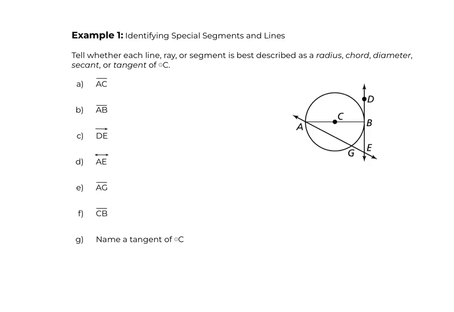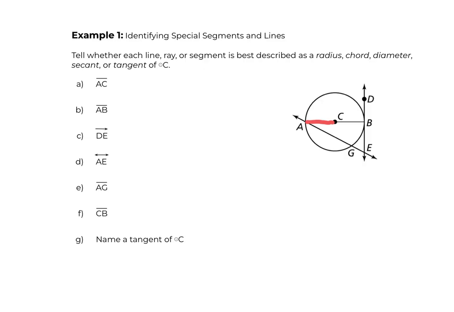First of all, AC. All we have to really pay attention to here is our symbol. Are there any arrows on that? No arrows above AC, right? So that means it stops at a specific point. It stops at A and C. Those are my two endpoints. So when I talk about AC here, I'm talking about this piece right here.